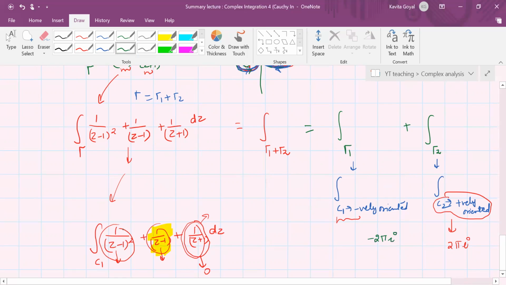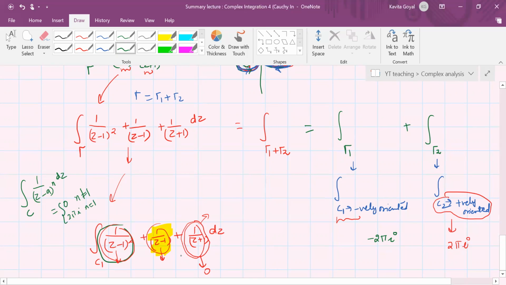And this integral, I think we have computed 1 upon z minus a raised to power n also. You can remember the formula: the integral of 1 upon z minus a raised to power n dz along a circle C whose center is a is 0 if n is not equal to 1, and is 2 pi iota if n is equal to 1.